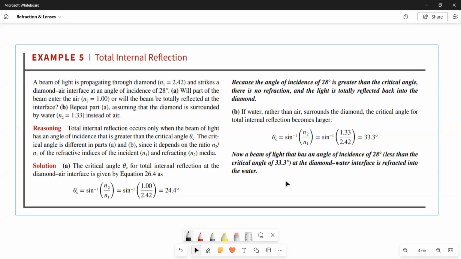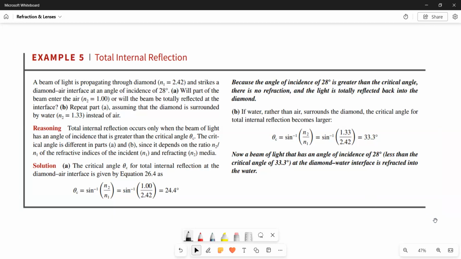In air it sparkles a lot because light bounces around in here. But if you put the diamond in water, there isn't total internal reflection. A lot of light is going to escape, and the diamond will look less valuable, less sparkling.